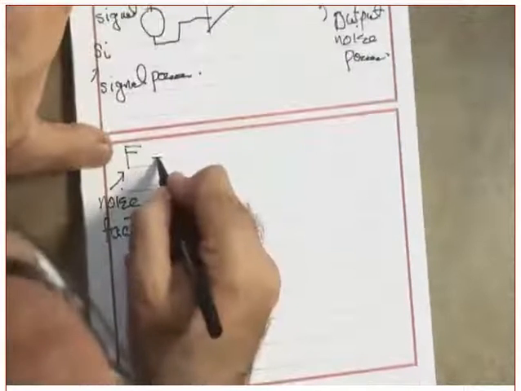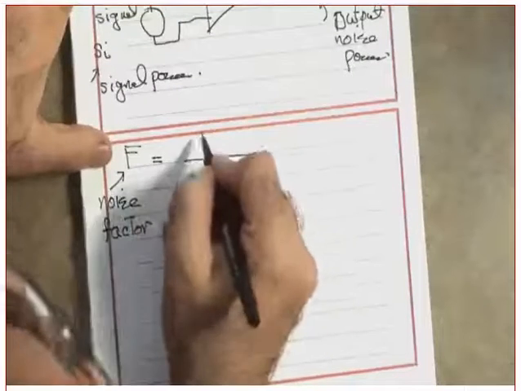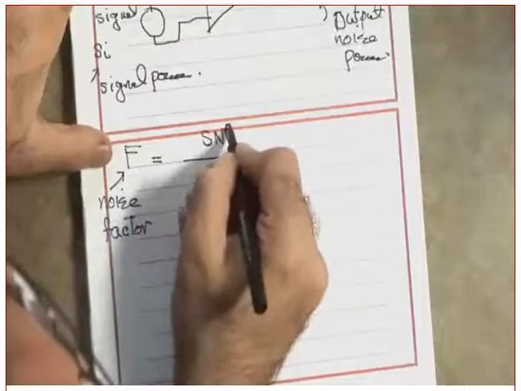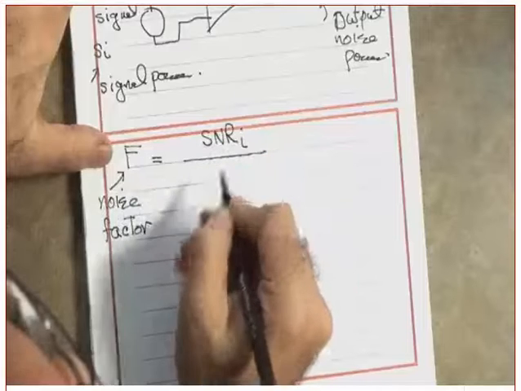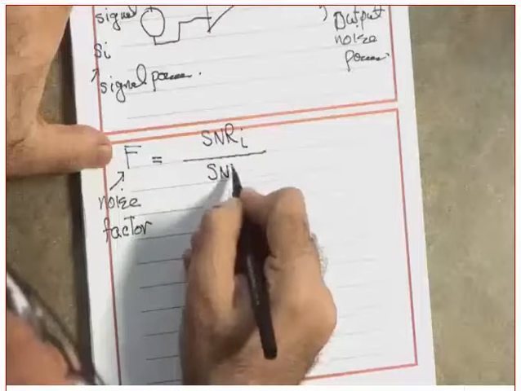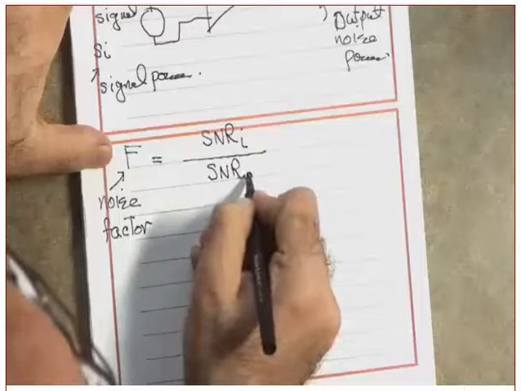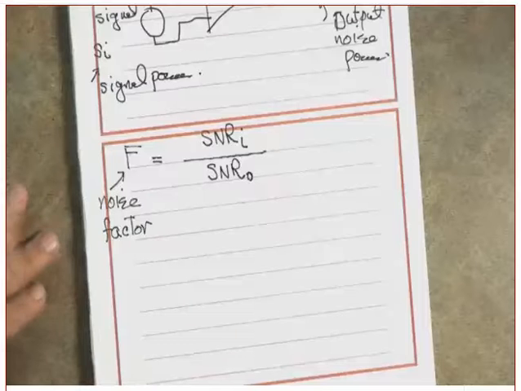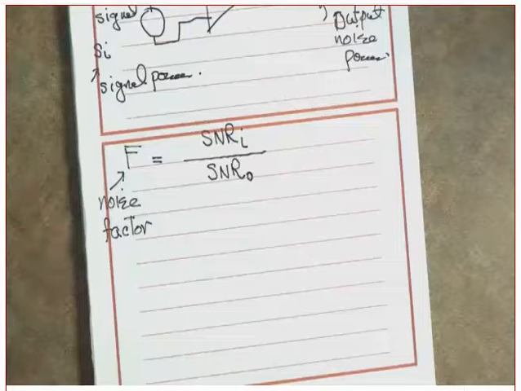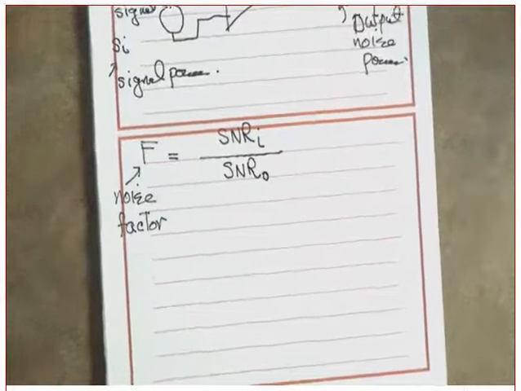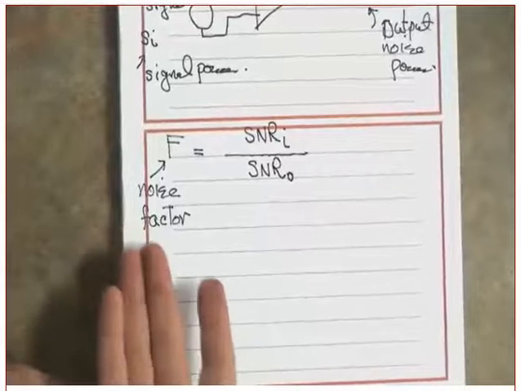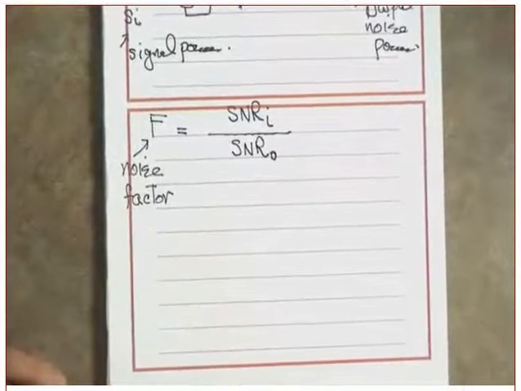Noise factor is defined as the signal to noise ratio at the input divided by the signal to noise ratio at the output. Since the signal to noise ratio at the output is smaller than at the input, the noise factor is a measure of the degradation.